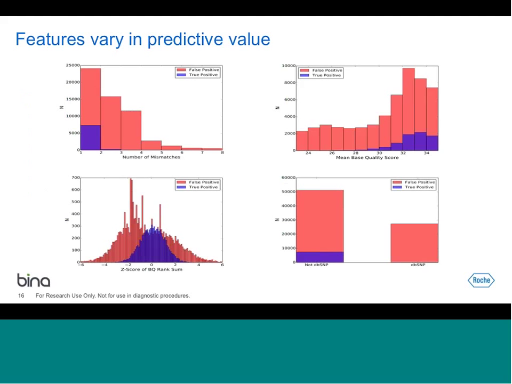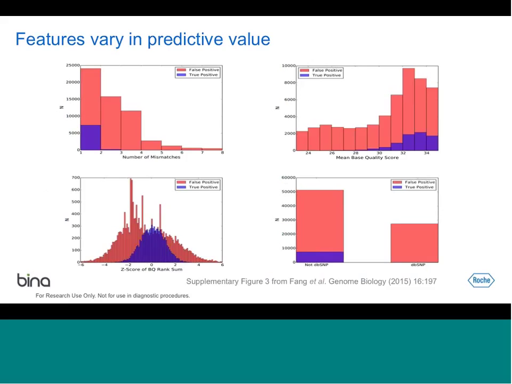We can briefly look at four of the features and see how they can help you determine whether a call is true or not. On top left is a histogram generated from the DREAM Challenge. You can see that false positives outnumber true positives significantly, but they have different distributions. This is the number of mismatches of the read to the reference.